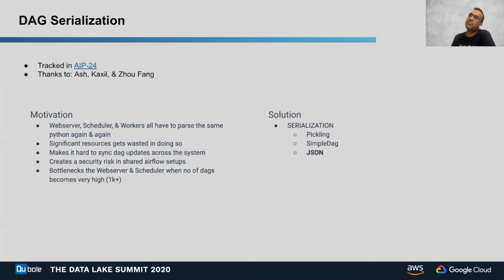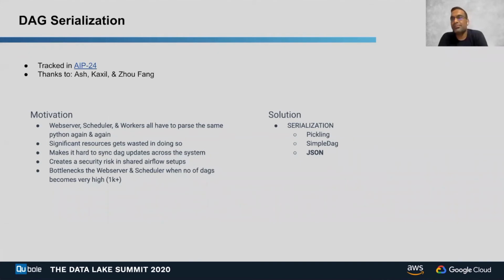If I don't do that, there might be some mismanagement in between, like the web server sees a task but the scheduler doesn't, or vice versa. The scheduler can pick up a task and schedule it, but the worker will not find the task. So it makes it very, very hard to synchronize things.